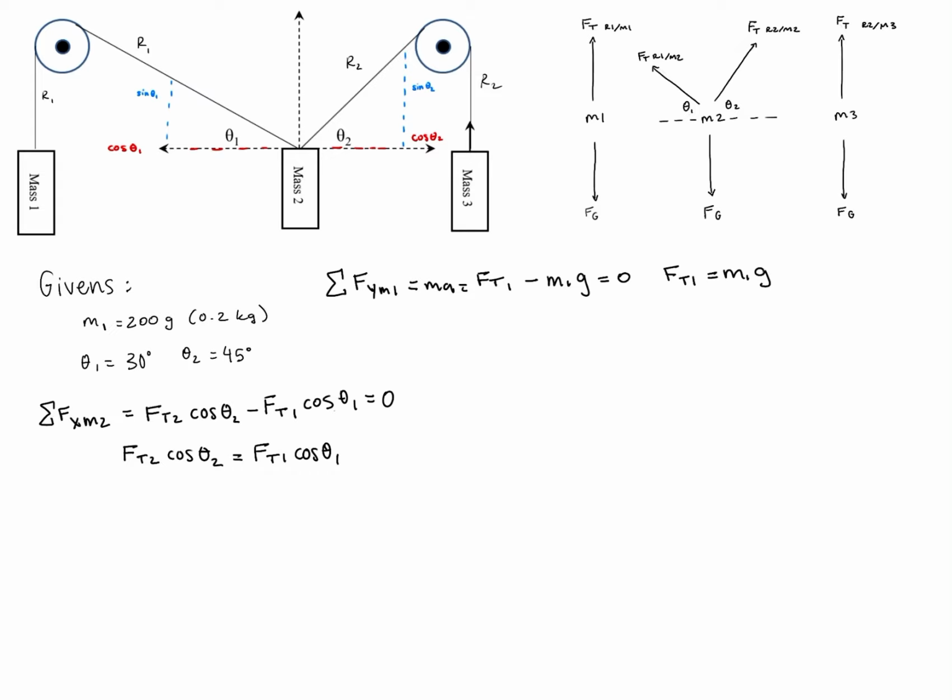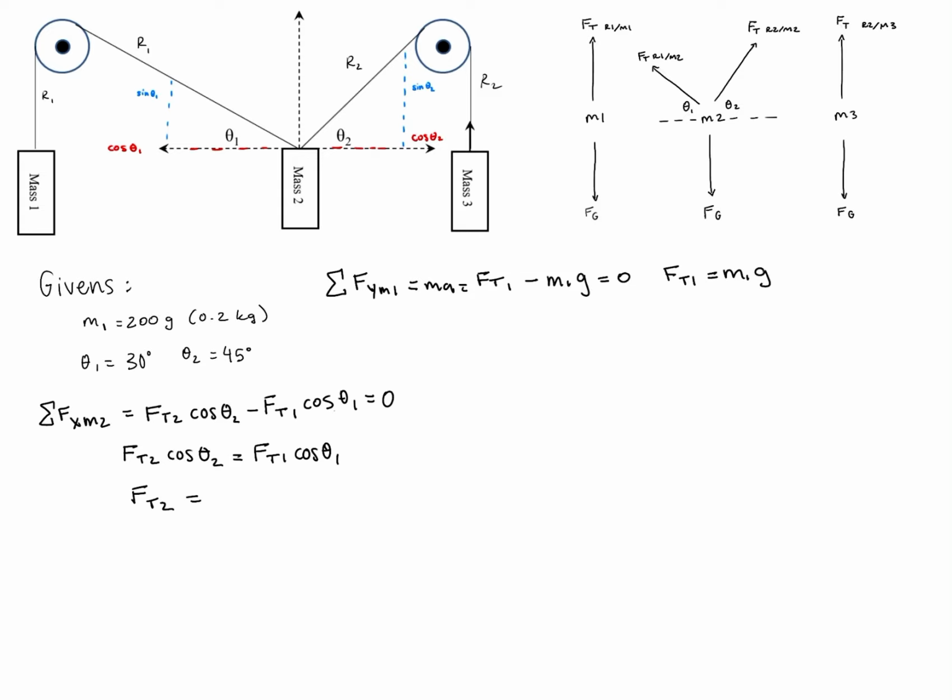And then we have to divide both sides by cosine theta 2. So force tension 2 equals, and also for force tension 1, we already know what force tension 1 is.